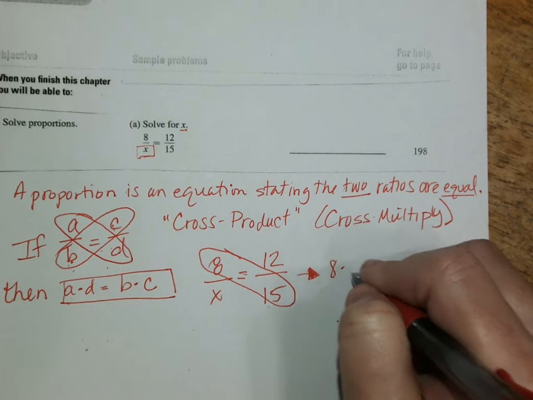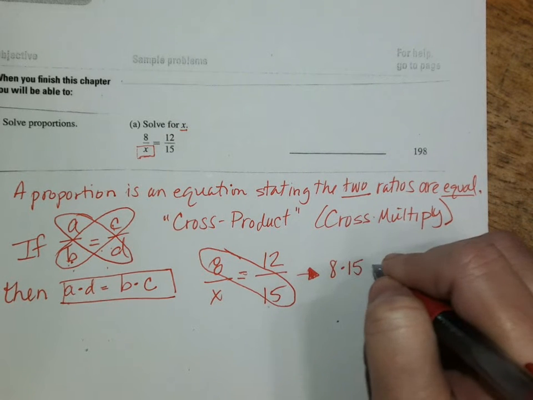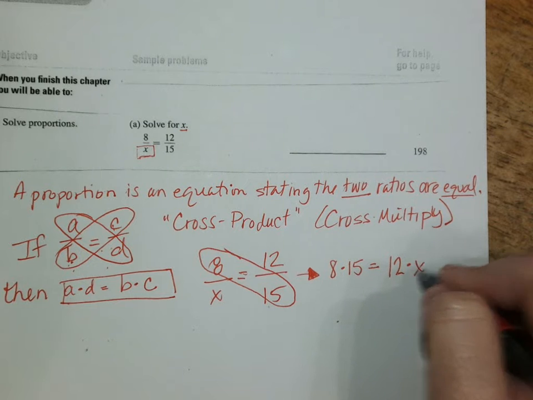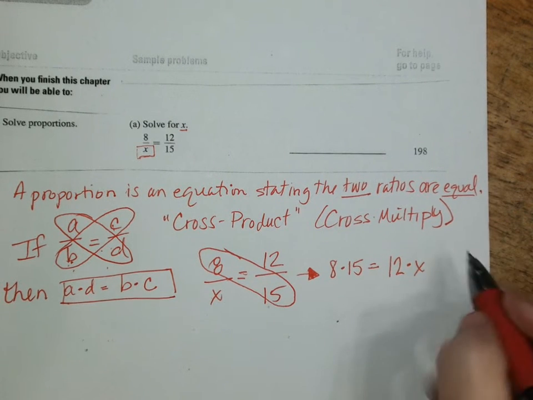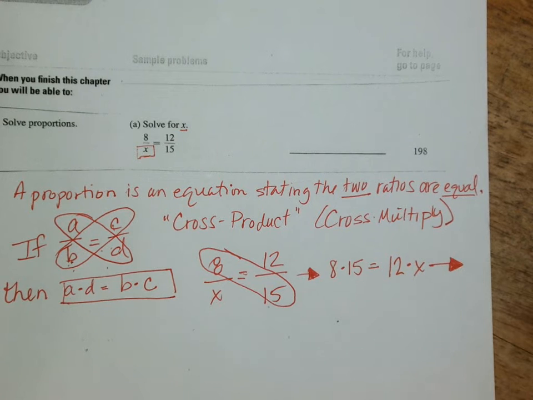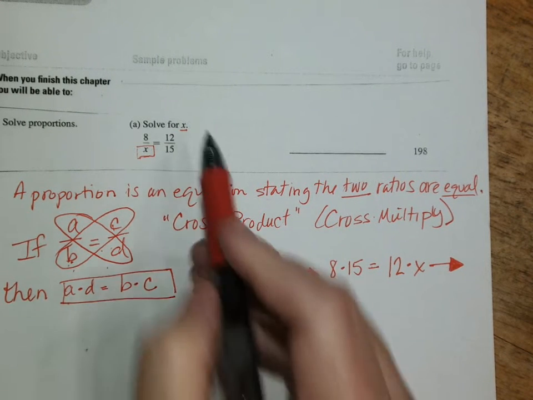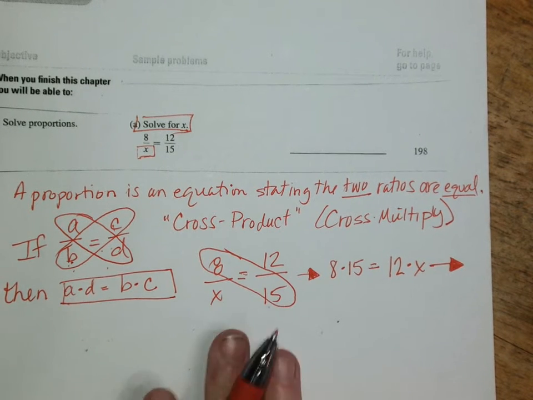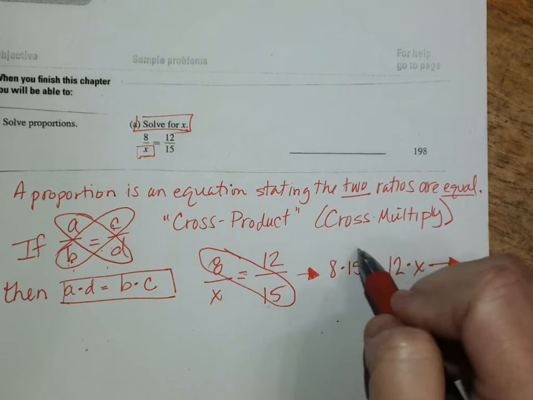Or, just for the sake of having a neat look to our equation, normally when you're solving for x, which this clearly tells us to do, we like to put the x on the left-hand side. So we're just going to flip-flop these two sides, which we can do through something called the commutative property. Just take my word for it.